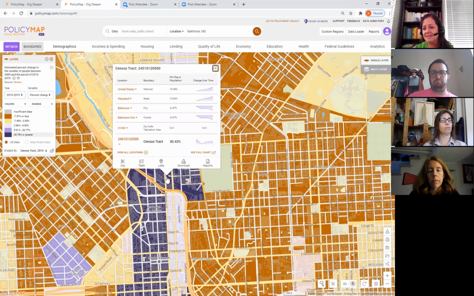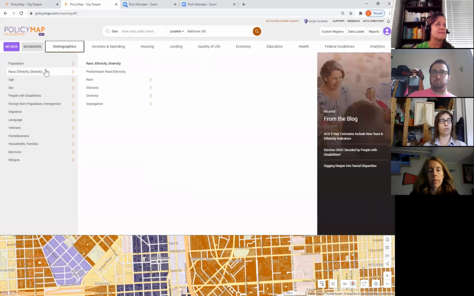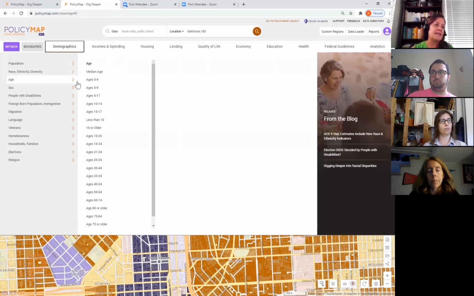So it's not just census data, but I just started off with a data set that is in fact just the population data from the census, but you'll see that you can break out that data to find out information about specific racial or ethnic groups. You can find information about specific age groups. So if you're looking to see where there's a large number of people who are 65 or older or of working age, you can pull that out.